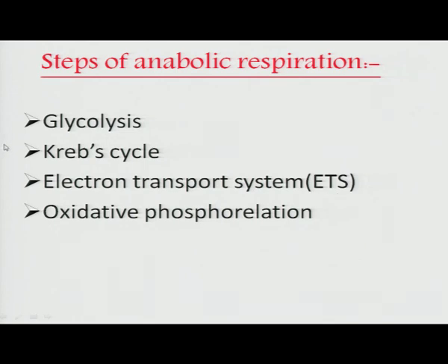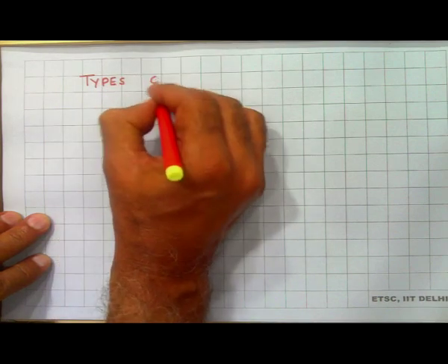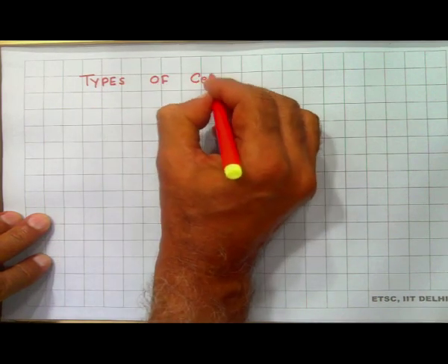Now, here we first discuss the different types of cellular respiration.